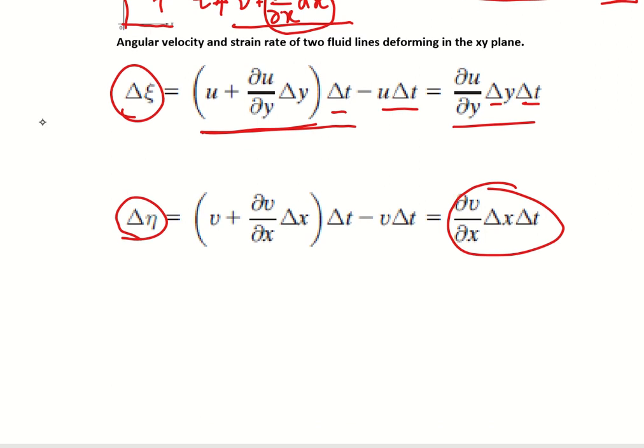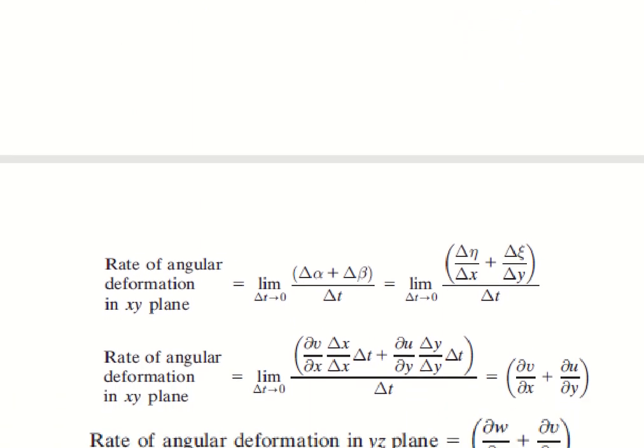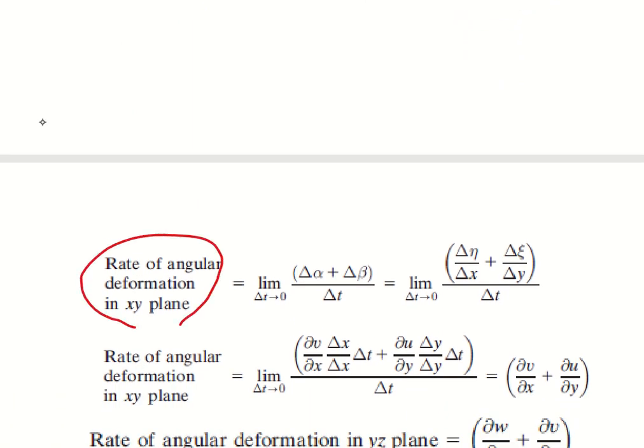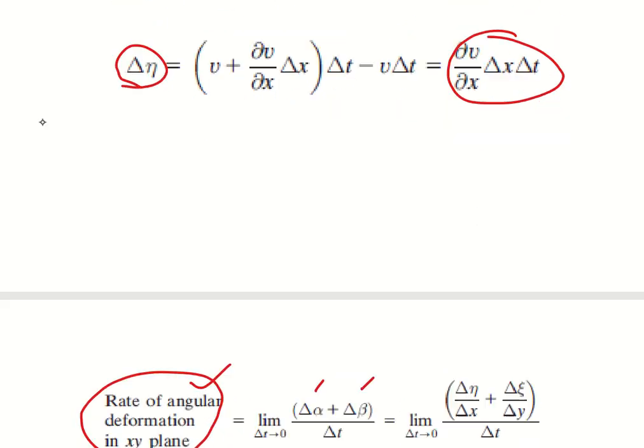Now after knowing these two displacements, we can find out the rate of angular deformation in the xy plane, because we are considering only two-dimensional flow, and that is happening in the xy plane. So we define it like this: rate of angular deformation is limit delta t tends to 0, delta alpha plus delta beta divided by delta t. Now we have already calculated the distances.